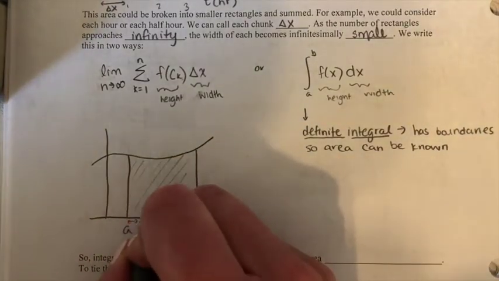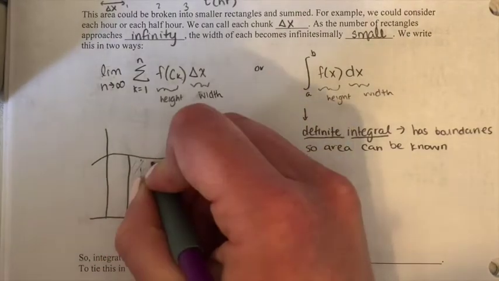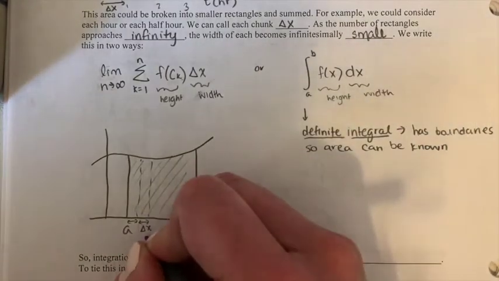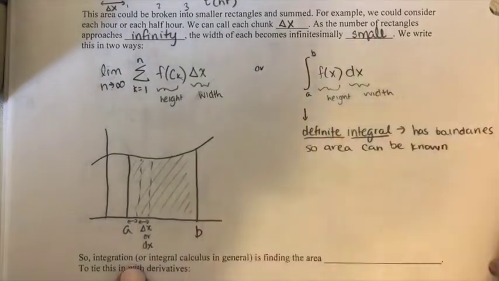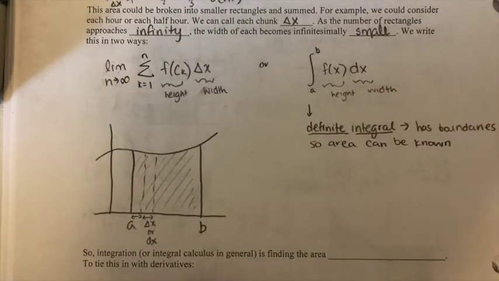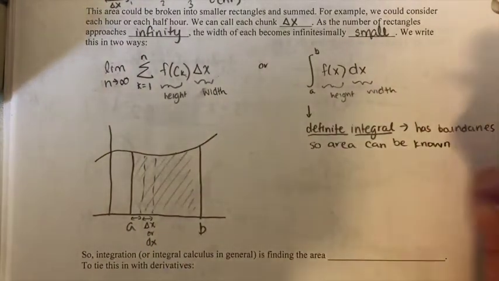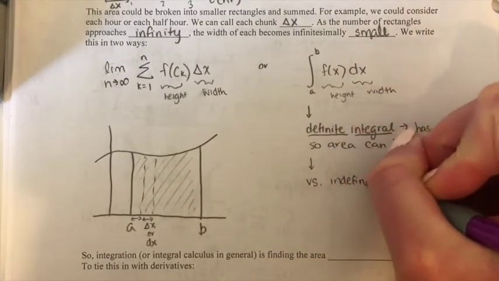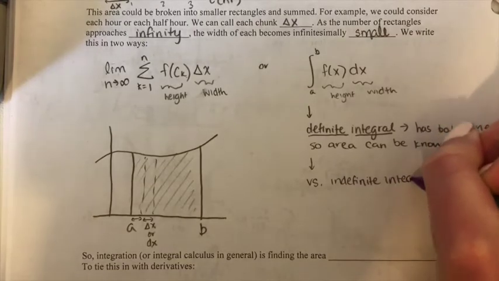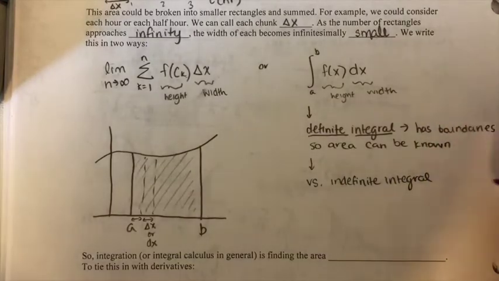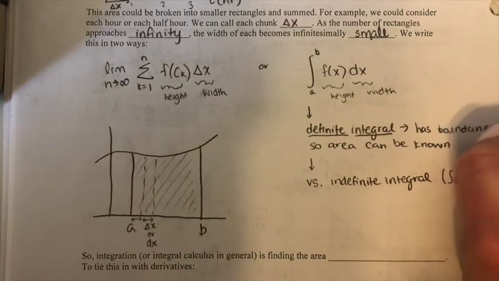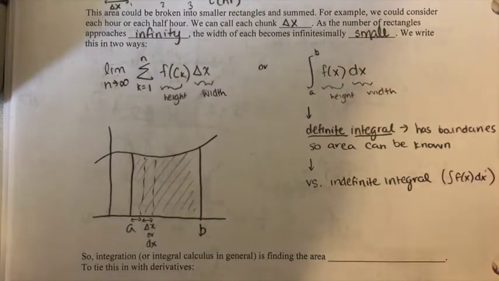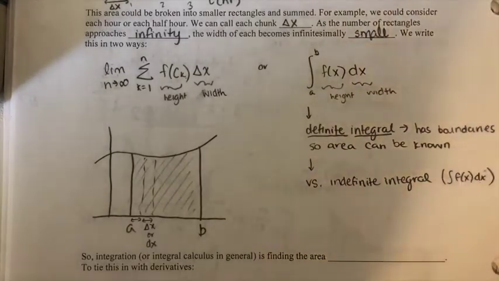We're going to have little chunks, right? If we split these into a bunch of rectangles, so there are delta x's or our dx's, depending on which one we're doing. So that is a definite integral, as opposed to an indefinite integral, like the integral of f(x) dx, because this time we don't have those boundaries.